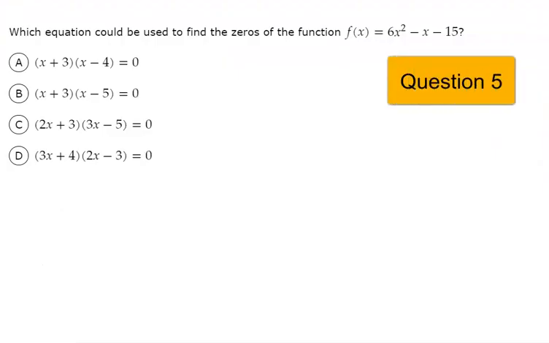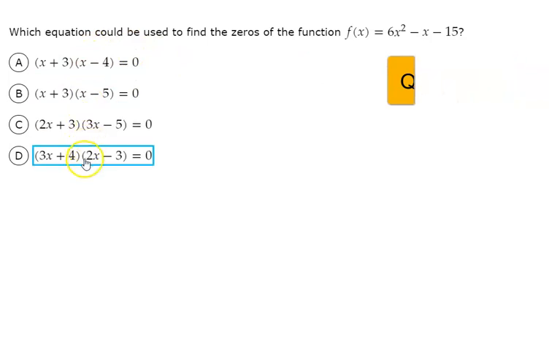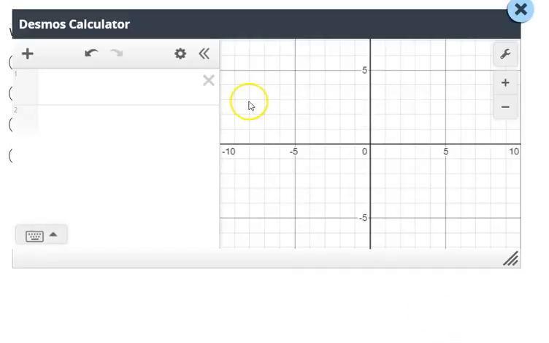Which equation could be used to find the zeros of the function f of x equals 6x squared minus x minus 15? Well, you could factor this quadratic and set your factors equal to 0, and then you could match it up with one of these. But before you select an answer, you should check your answer with your graphing calculator.